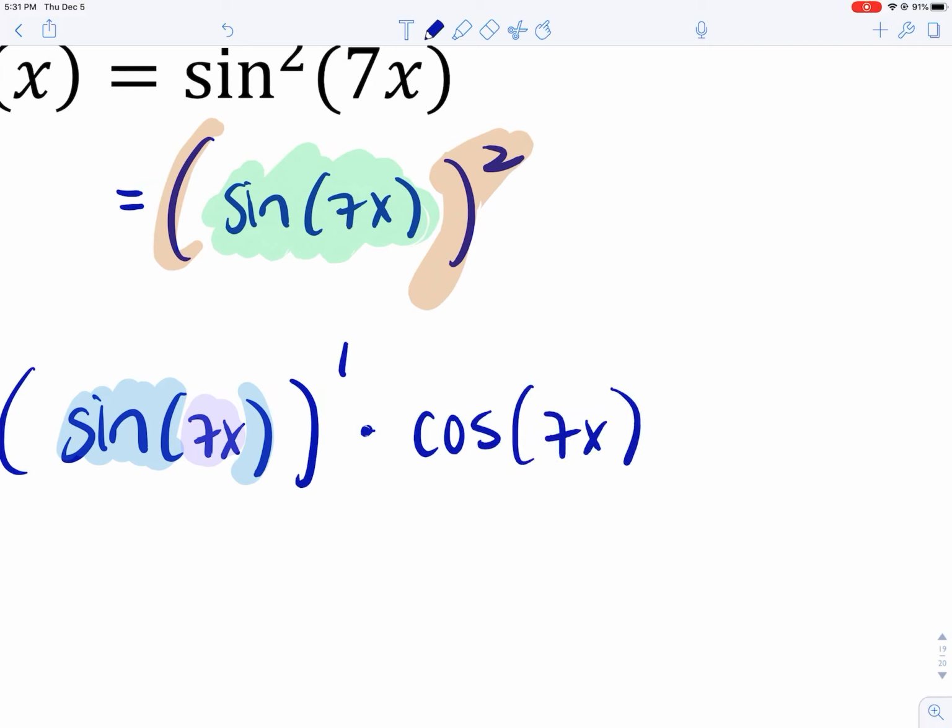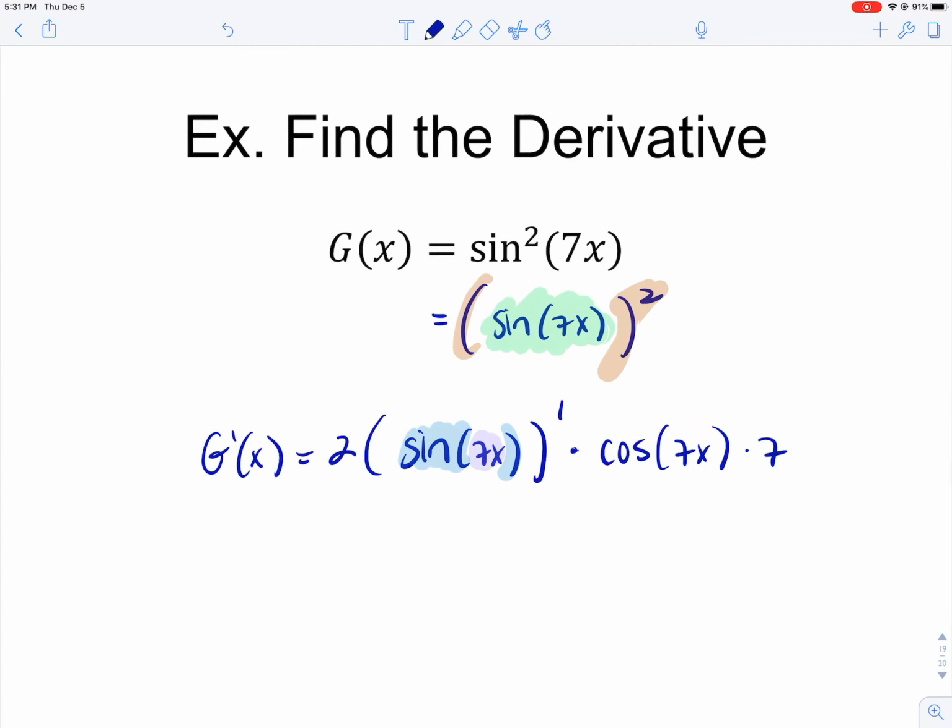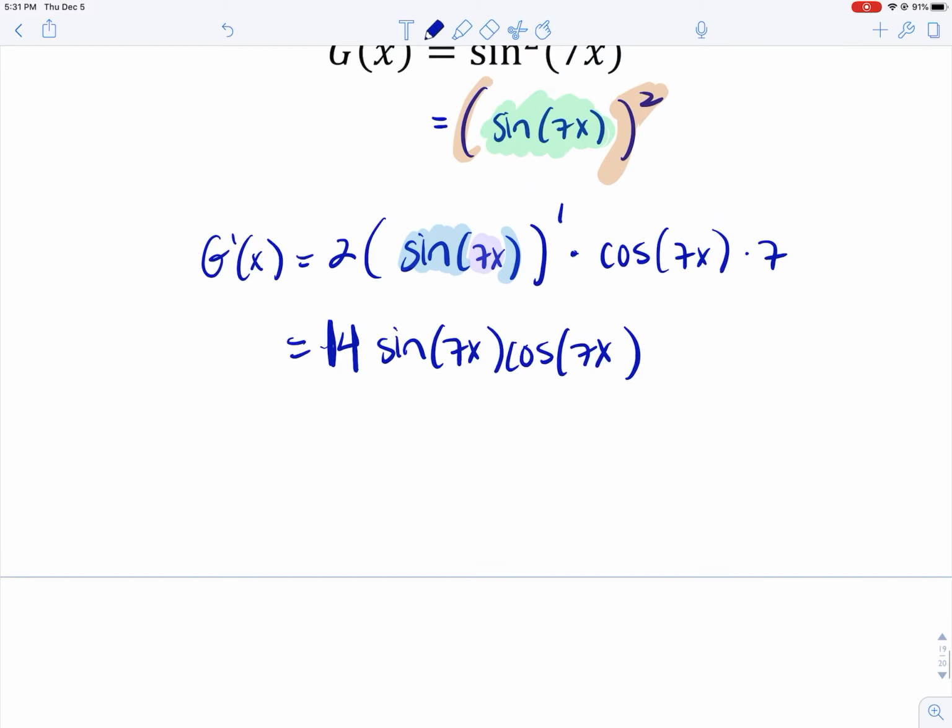We leave the inside alone and then times the derivative of the inside. So that was a lot of chain rule. Okay, let's clean that up. That's going to be 14 times sine of 7x times cosine of 7x. And we're done.